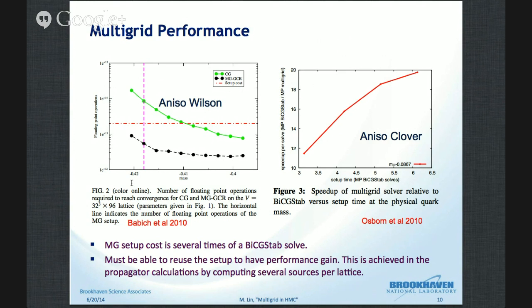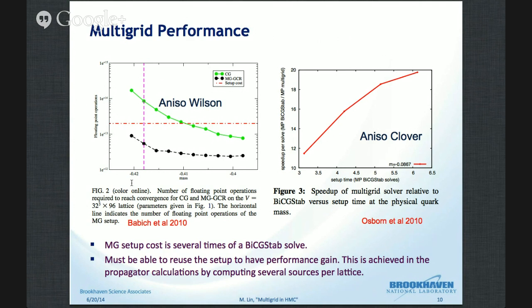And again, on the right-hand side, this is the speed up as a function of the multigrid setup time, and the setup time is expressed in terms of BiCGStab solves. And you can see, in order to achieve this kind of speed up, the setup time will be several times the BiCGStab solve.